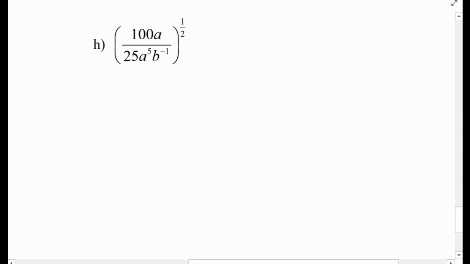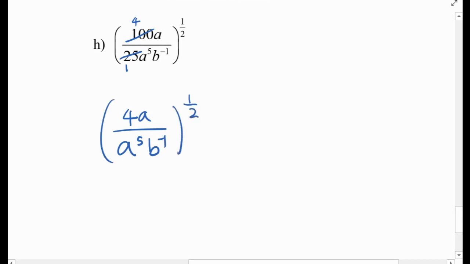Let's reduce it. 25 becomes 1, 100 becomes 4. Then 4a over a to the power of 5, b to the power of negative 1, to the power of 1 over 2. Here we know that 4 is the same as 2 squared. Okay, so we have 1a and 5a.